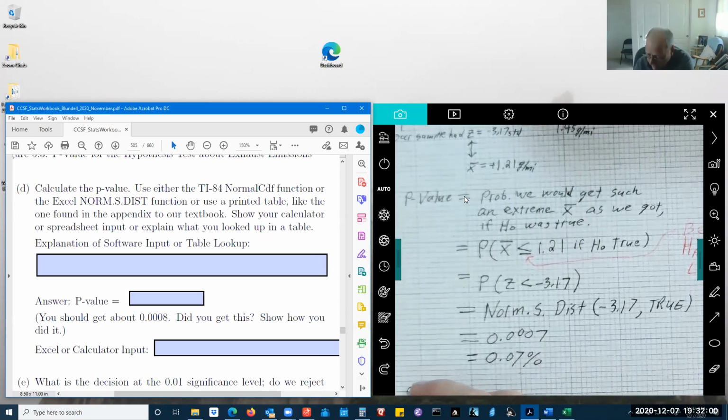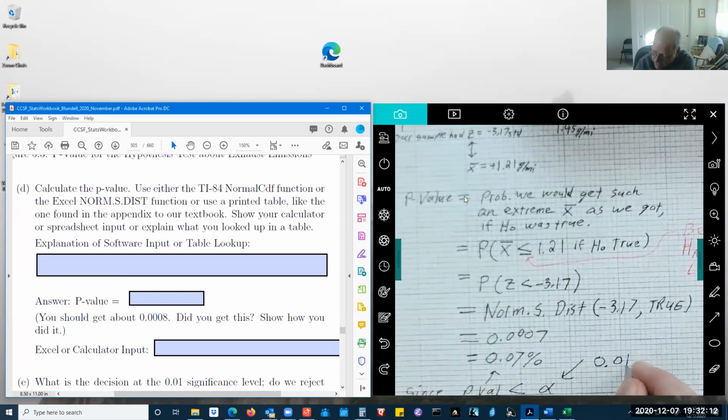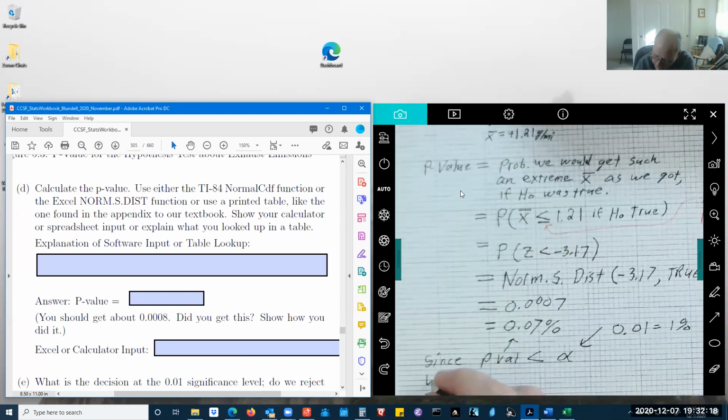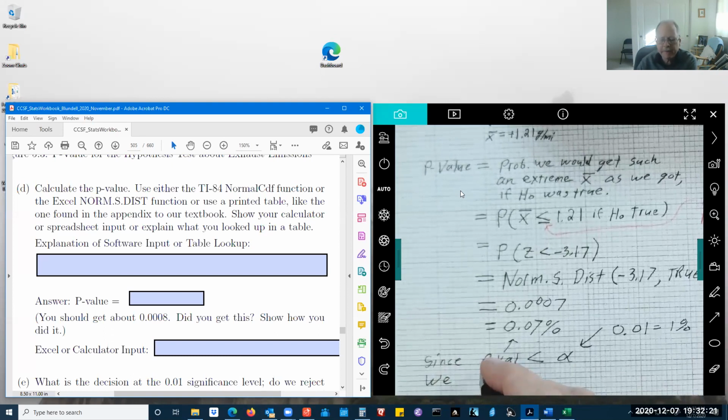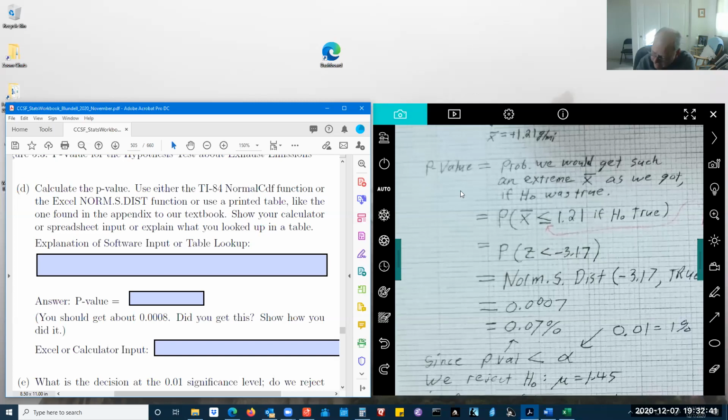And they say, okay, since the p-value was less than the alpha, which was 0.01 or 1%, they agree that that's convincing enough and will reject the null hypothesis that the mean is 1.45 in favor of the alternative that the population mean is less than 1.45.